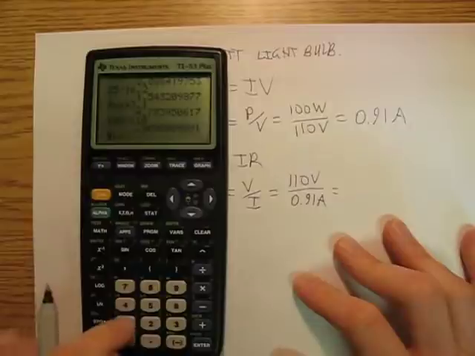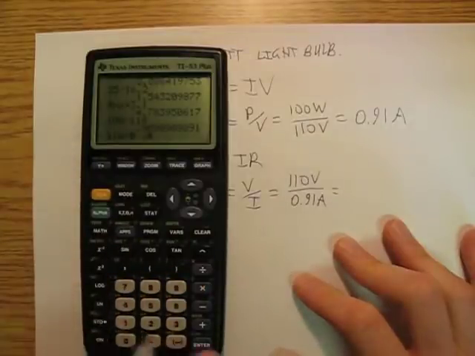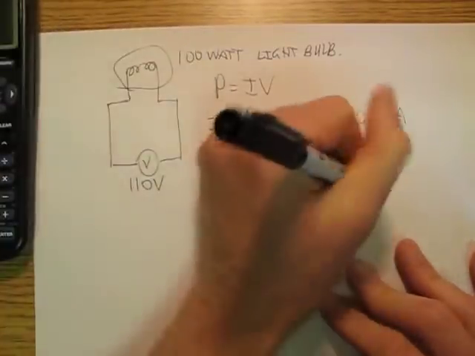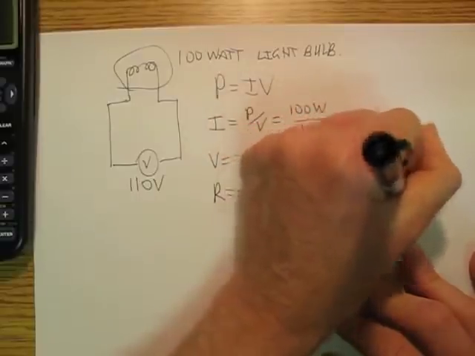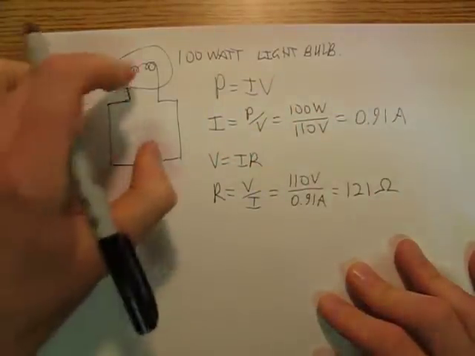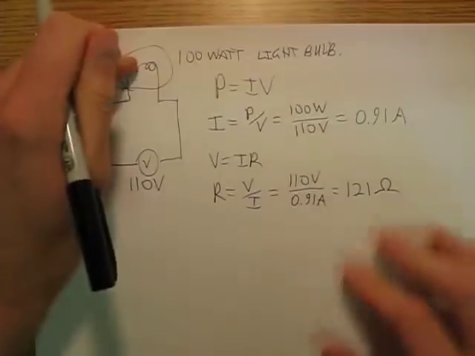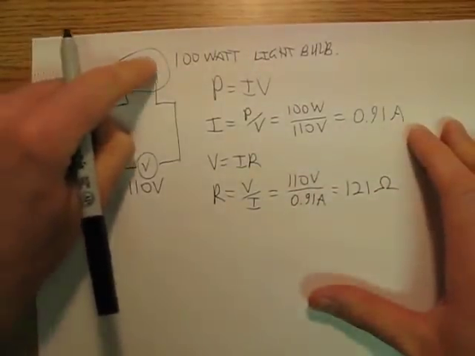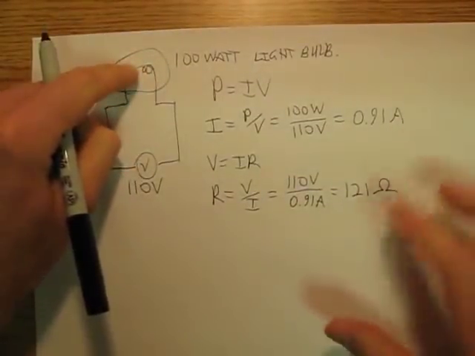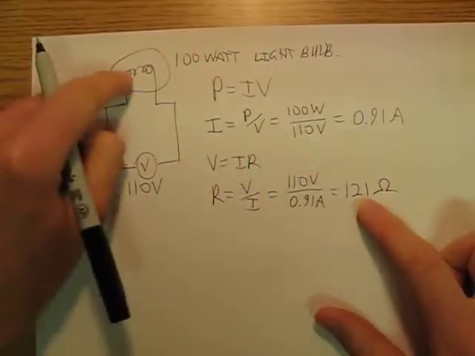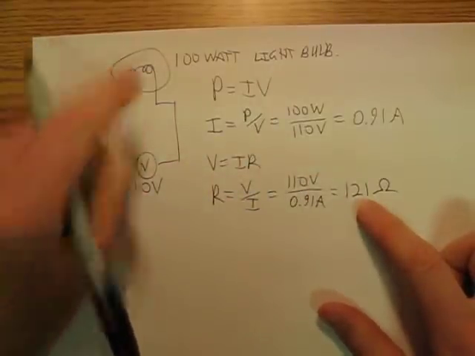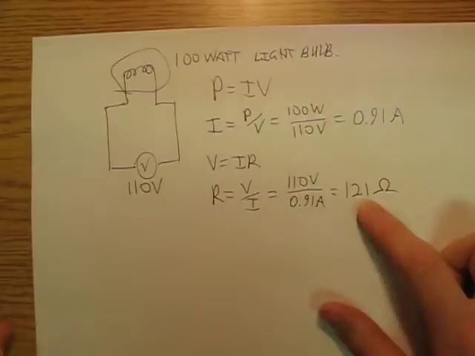So I got 110 divided by that, and I get 121 ohms. So it is drawing 0.91 amps of electricity, and it has a resistance of 121 ohms.